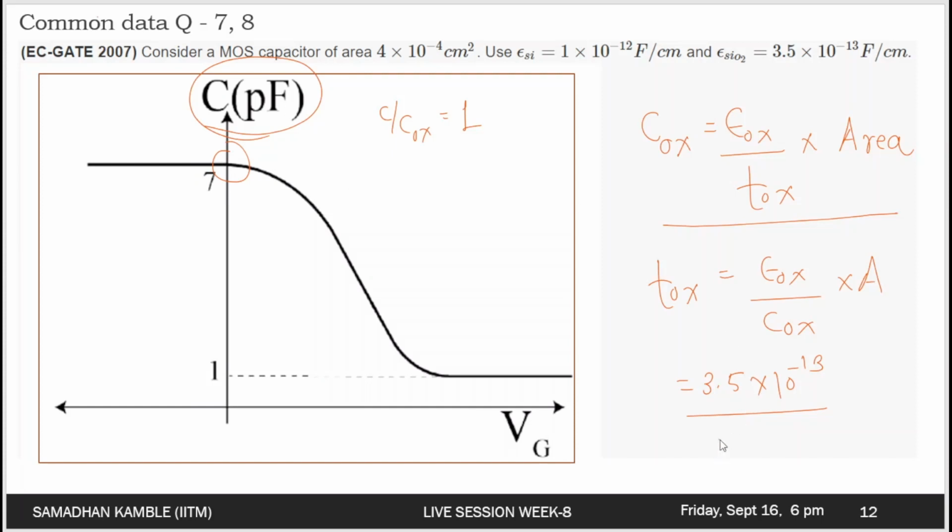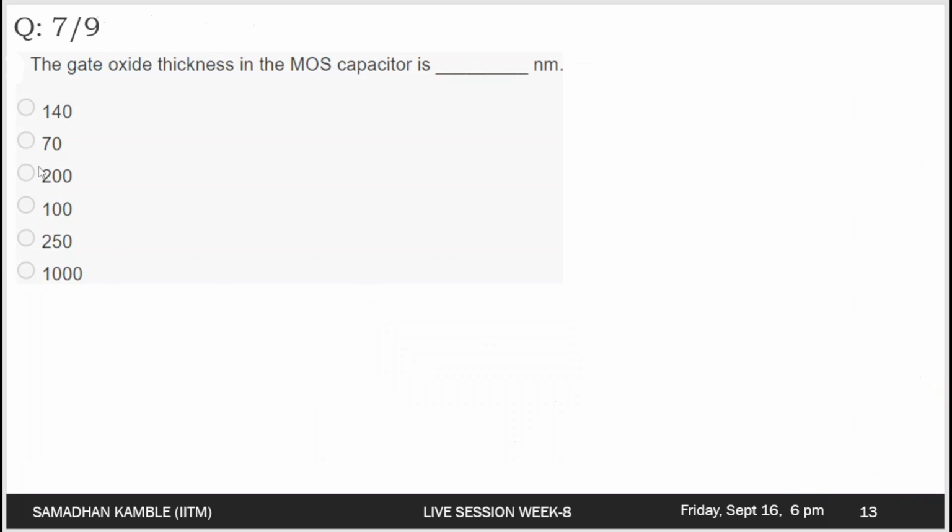So it is 7 picofarad, which is 7 times 10 to the power minus 12 farad, and area is also given, that is 4 times 10 to the power minus 4 centimeter squared. So if you just calculate it, you will get the value of the oxide thickness Tox as 197 nanometer. So the closest answer in our options is, I think, 200. Okay, so the gate oxide thickness in the MOS capacitor is 200 nanometer.